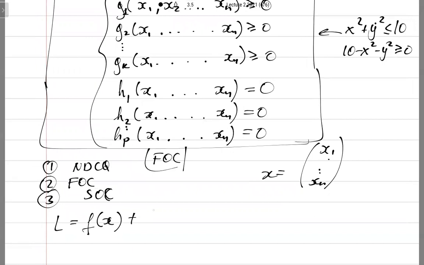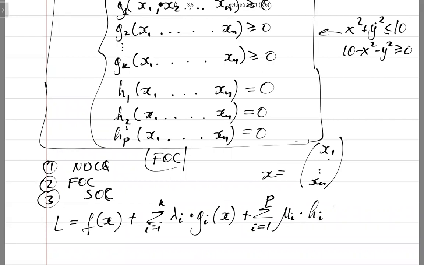Plus we have the sum with i ranging from 1 to k of lambda i times g i of x, plus we have all the equality type constraints, the sum with j from 1 to p. Let's call all these coefficients Lagrange multipliers, let's call them mu, multiplied by h of x. We construct a big Lagrangian function, okay?